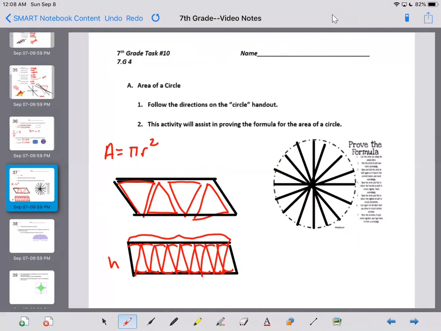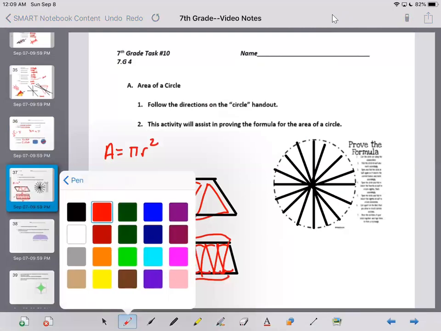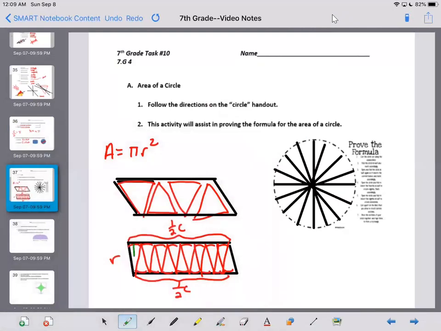But what we have here is half of the circumference. So here is 1/2 of the circumference, and here's the other half of the circumference. And the height is actually the radius, because the height of each of these pieces is actually r.